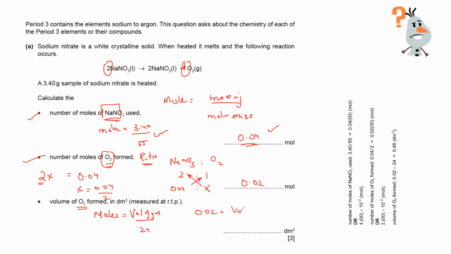The volume of the gas we don't know, we are finding that. So if 24 is divided, on the other side it will be multiplied. So 24 multiplied by 0.02. What will be our final answer? It will be 0.48 decimeter cube.